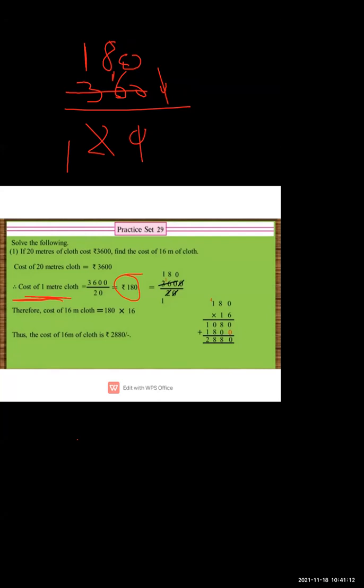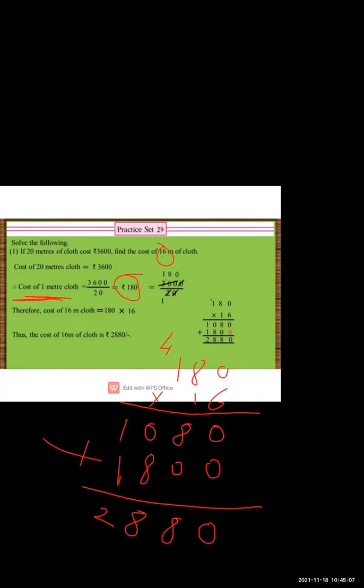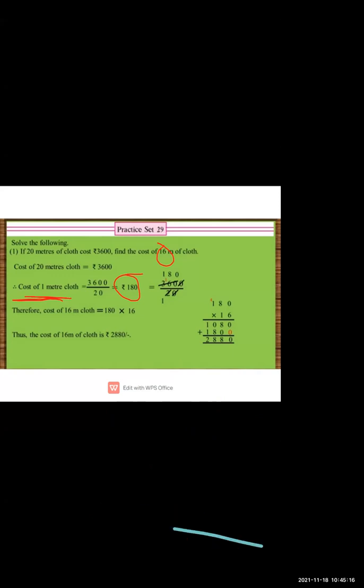180 we got. Now what has the question asked? The cost of 16 meters. So here we will multiply: 180 multiplied by 16. When we multiply the 1 meter price, 180, by the meters the question has asked, that is 16 meters, we got the answer 2880.